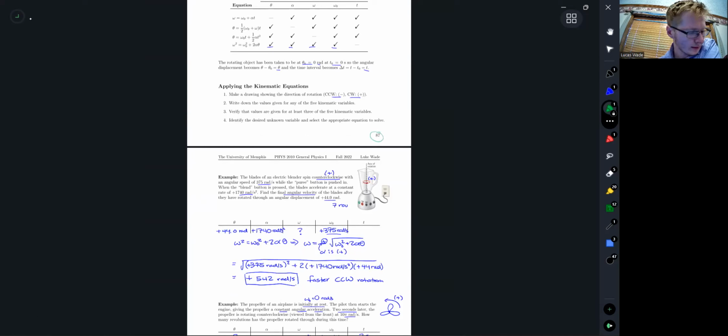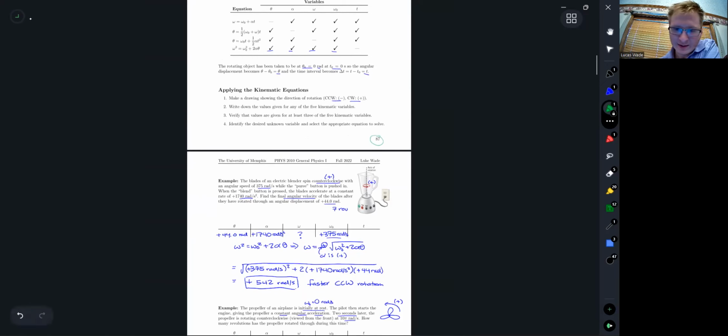And the other piece is just knowing directions here. So remember that anything counterclockwise is considered positive rotational motion. So it's a little bit backwards to what you might think initially, but it's just the convention used. So counterclockwise motion is considered positive angular motion or rotational motion.